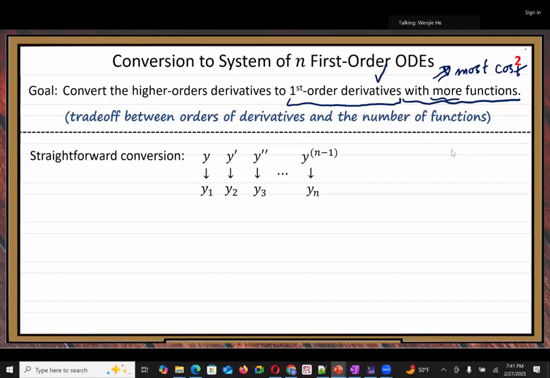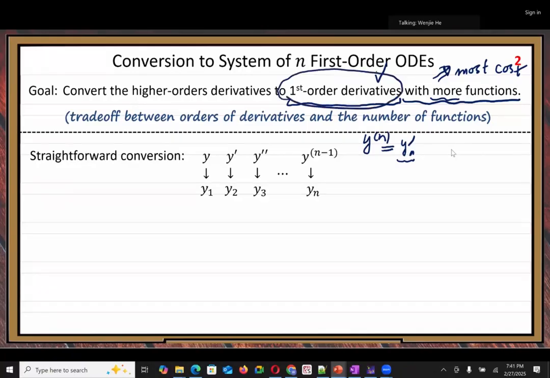Because there is the last one, the nth order derivative of y. You may ask, why don't we need a new symbol to represent the nth order derivative? Because this equals yn prime, the first order derivative of the yn function. Our goal is to use only first order derivatives.